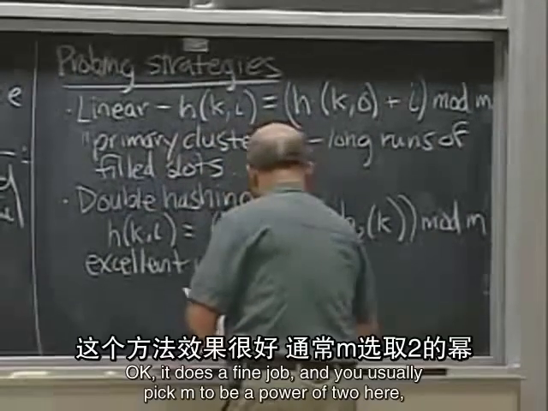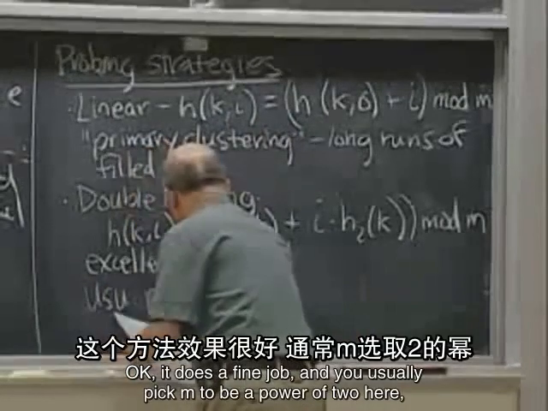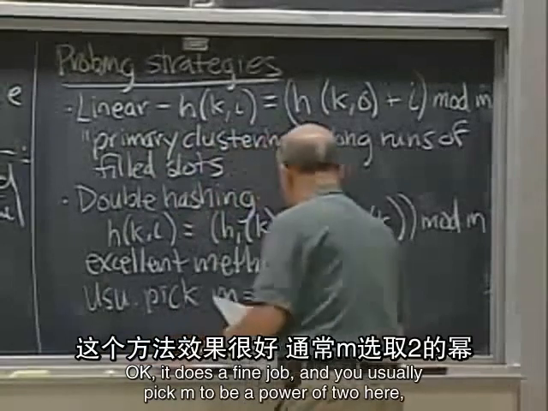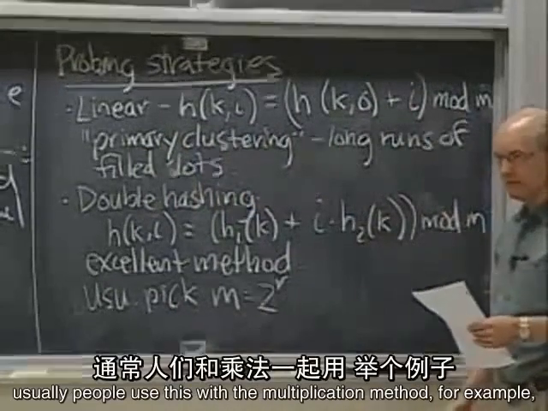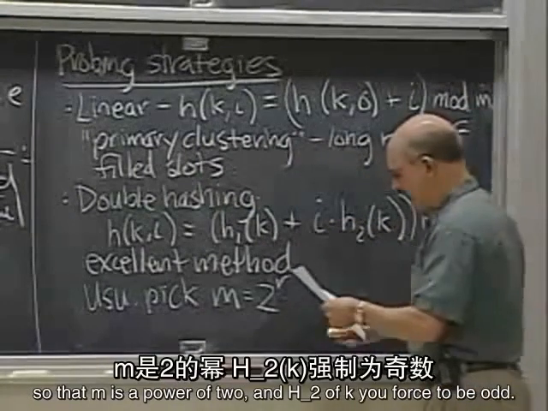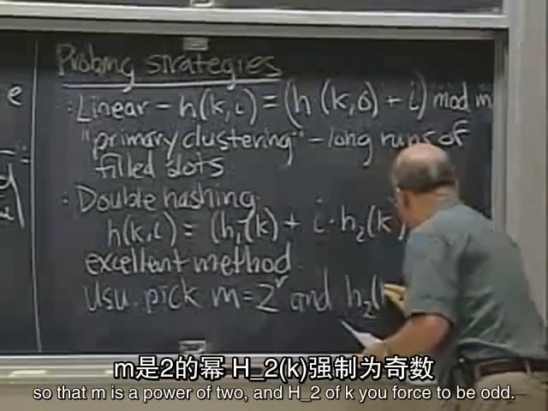It does a fine job, and you usually pick m to be a power of 2 here. Usually people use this with the multiplication method, for example. So m is a power of 2, and h2(k) you force to be odd.